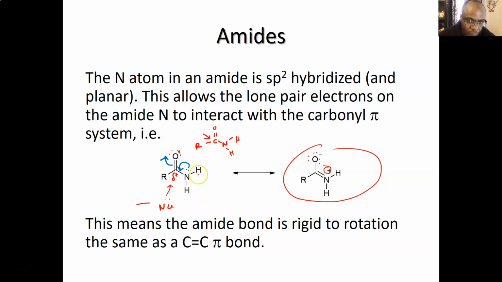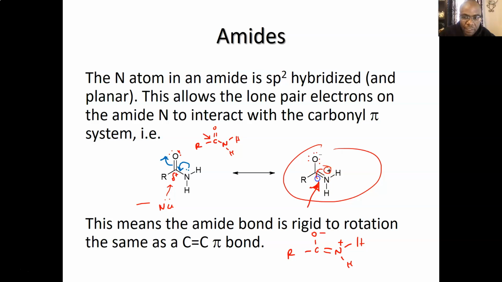Now, as far as rotation goes, the resonance structure here has double bond character. So you know that double bonds are rigid. They are not like sigma bonds, not like single bonds. With a single bond you can rotate, but with a double bond you cannot. And because of resonance, you have a hybrid pi bond here.